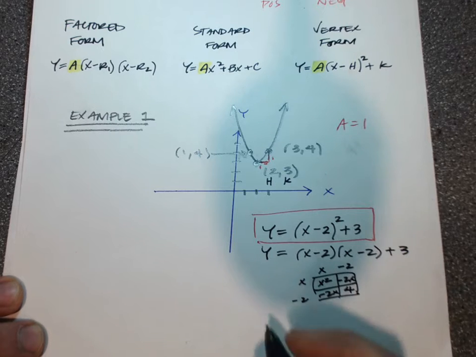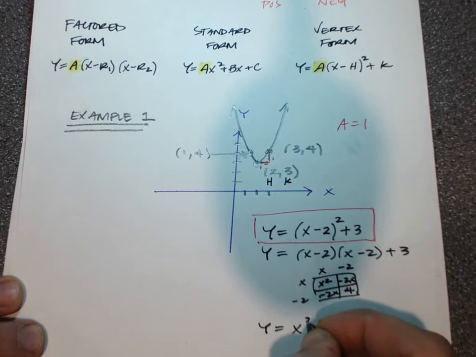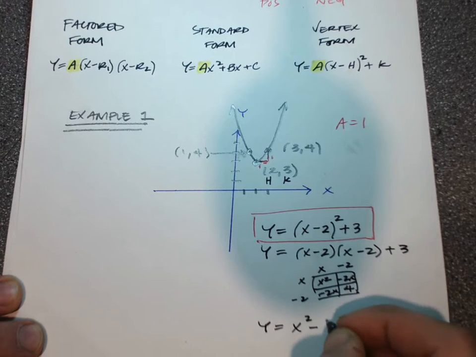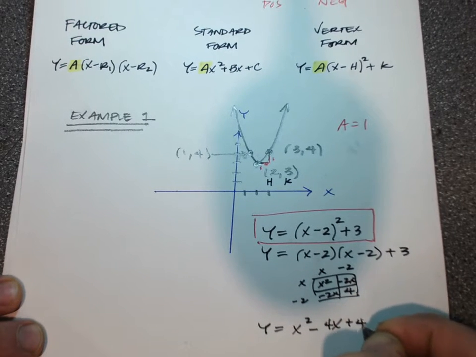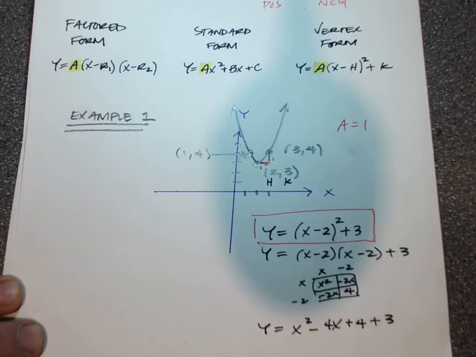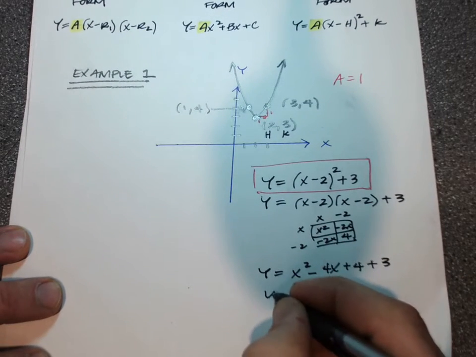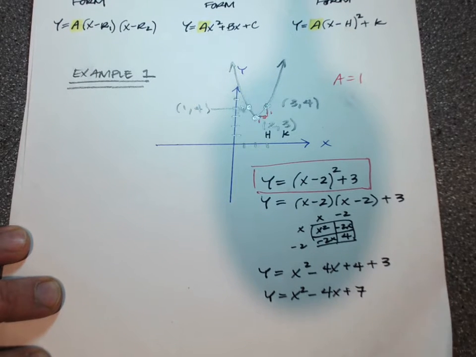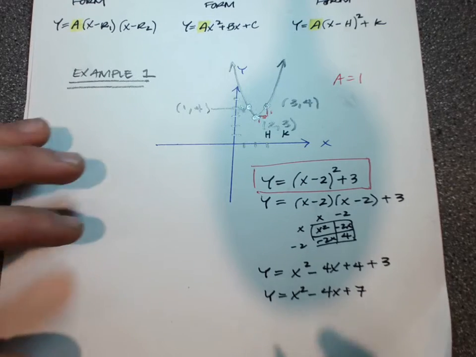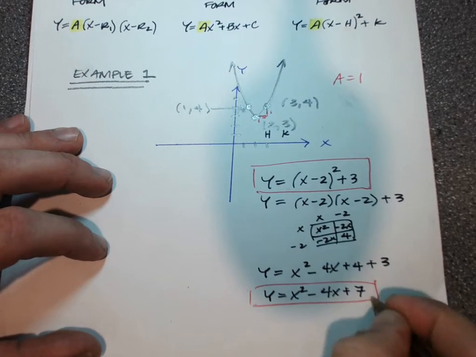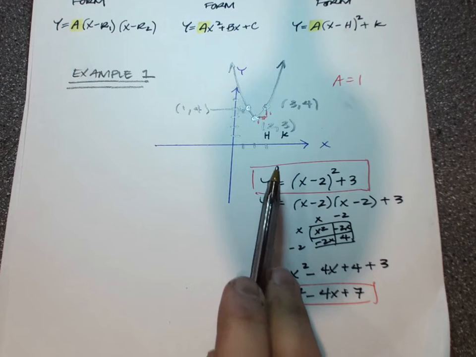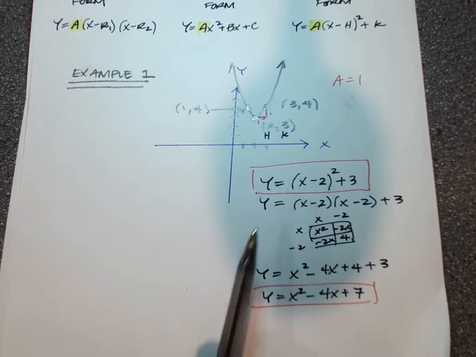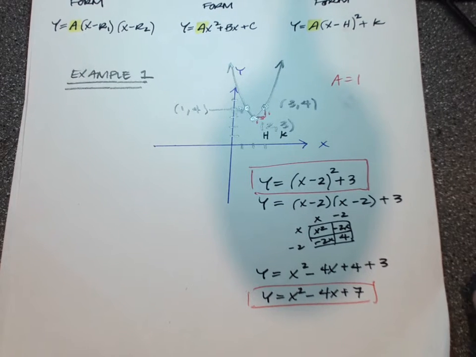This is actually x squared minus 4x plus 4, plus that 3 on the end. So x squared minus 4x plus 7 would be the equivalent standard form. That's how you convert from vertex to standard form. And again, the A value is still 1. So that's example 1.